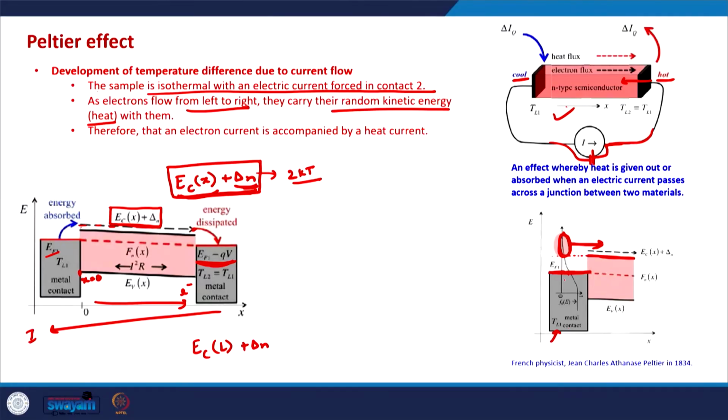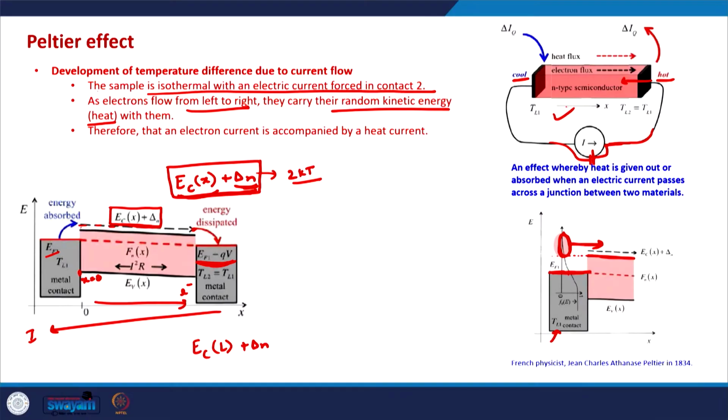Since this is a bulk contact and near equilibrium conditions are ensured, very quickly, because of electron phonon interaction and inelastic scattering in the contact, the Fermi function will attain its equilibrium value, its equilibrium shape essentially. So, some electrons will essentially jump from below the Fermi level to above the Fermi level.